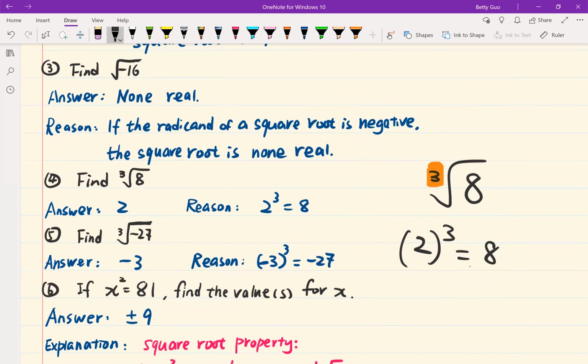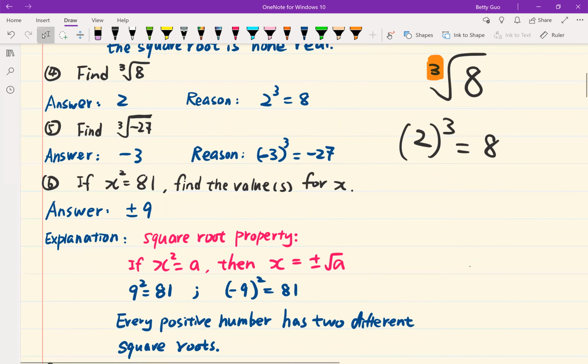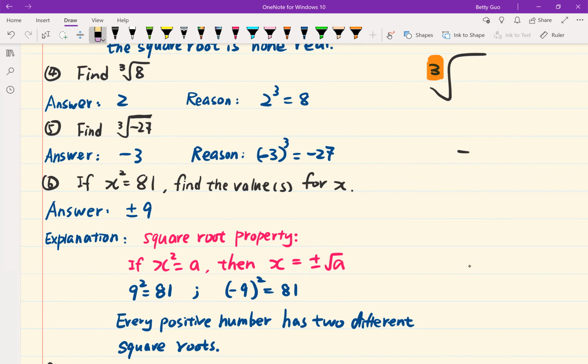Very good. Number 5, we're looking for the cube root of negative 27. By the way, the cube root of a negative number is a negative real number. The square root of a negative number is non-real, but the cube root of a negative number is well defined.